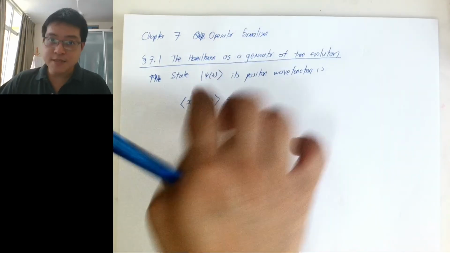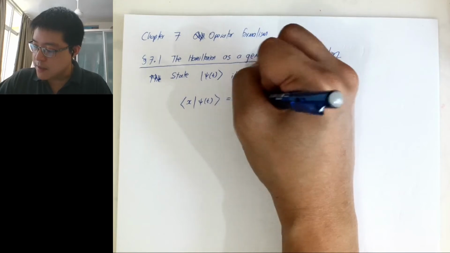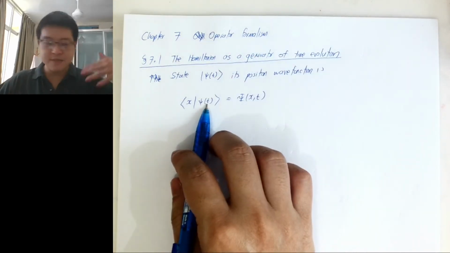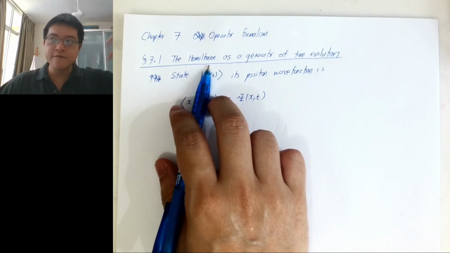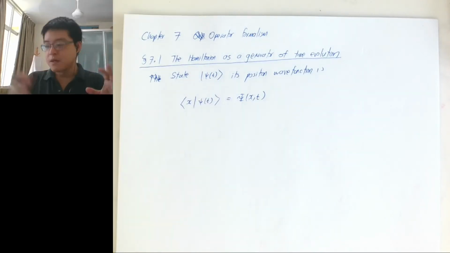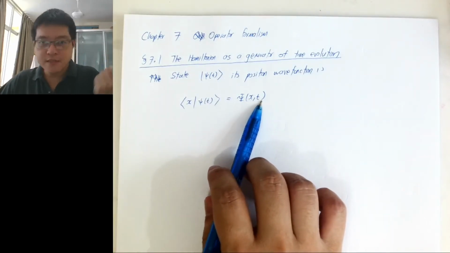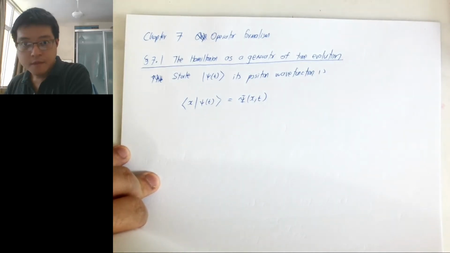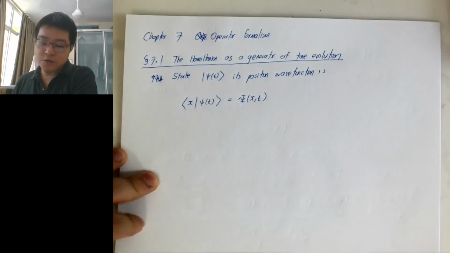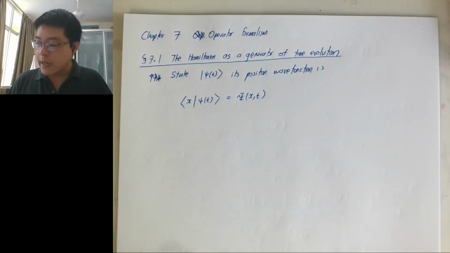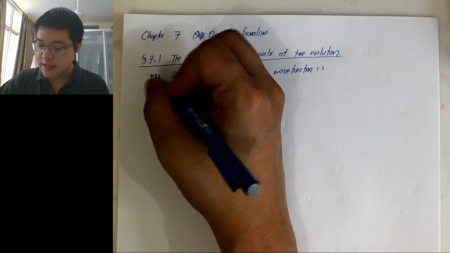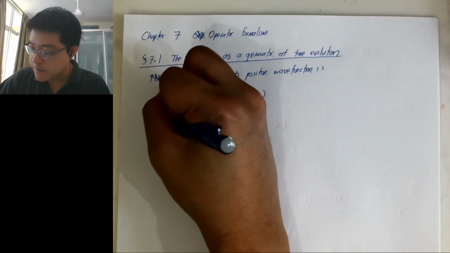But because it's a physical quantum system evolving, it changes with time, so it depends on t as well. See, we are not doing anything new, and the next thing I'm going to do is also nothing new. You have done this in calculus already. We are going to perform a Taylor expansion.